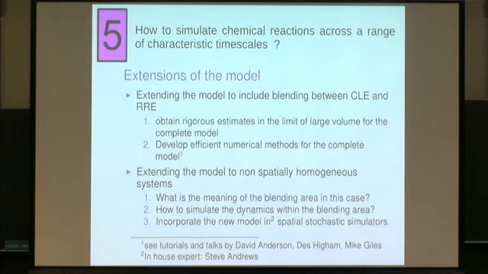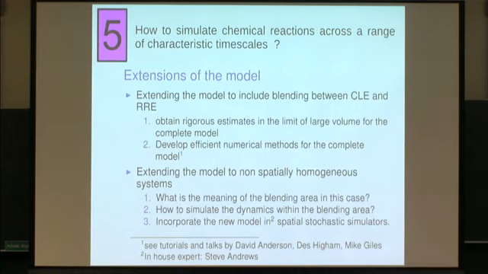Another thing that I think would be very interesting is to try to work the other way around. I talked to you about the non-spatial model. So one thing that we could try to think about is if we can extend these ideas to apply in non-spatially homogeneous systems. These are kind of interesting questions.